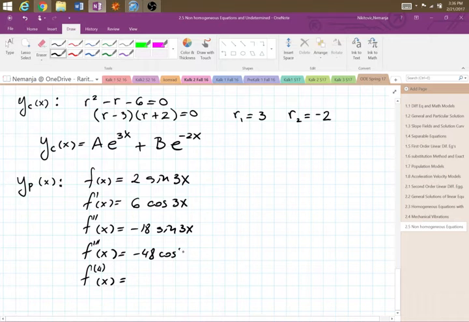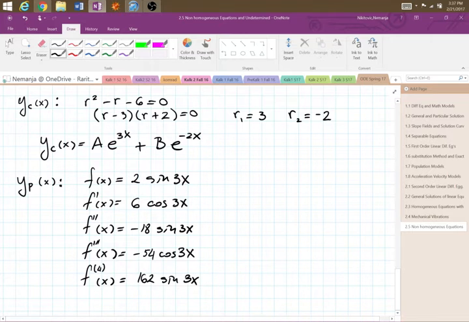So that's what, 3 times 54, 162 now. The negative from sine, the derivative, would cancel the negative that was there.